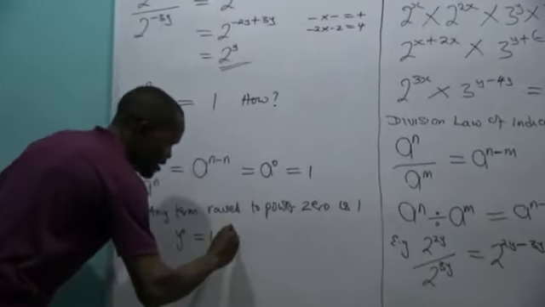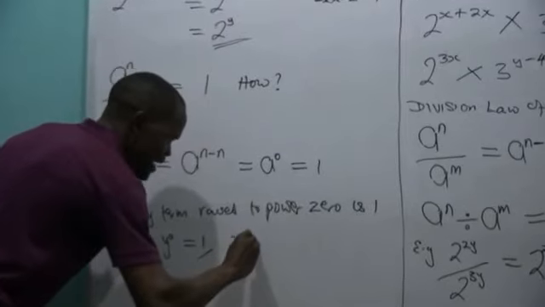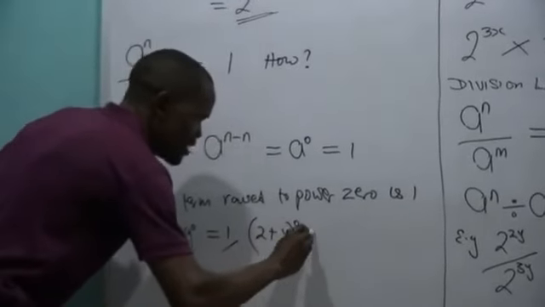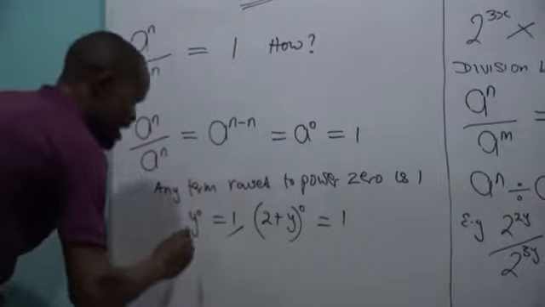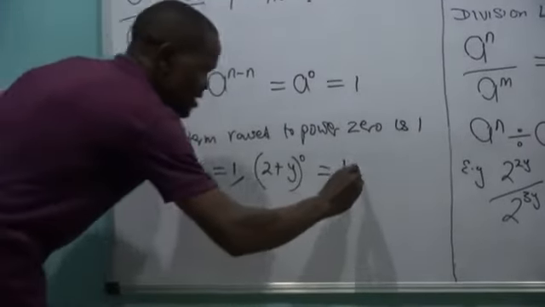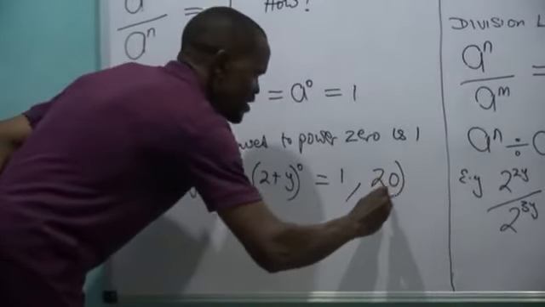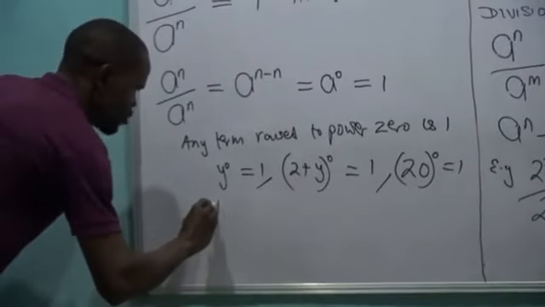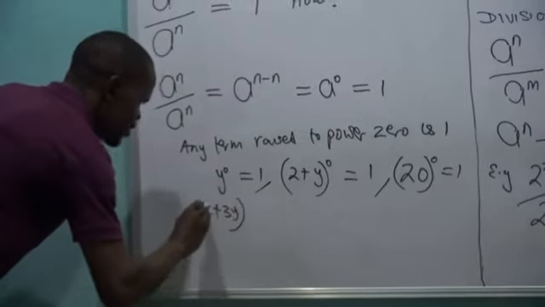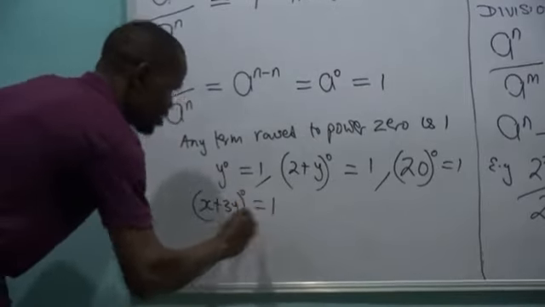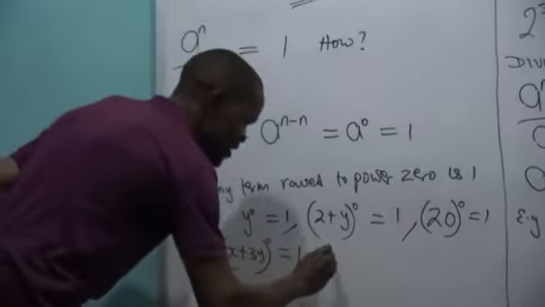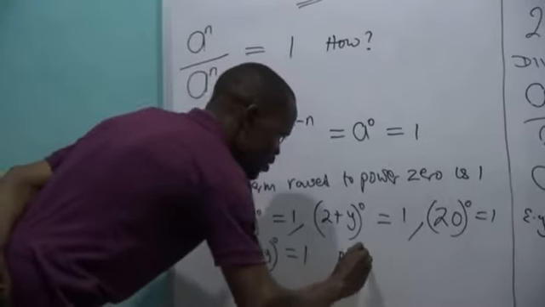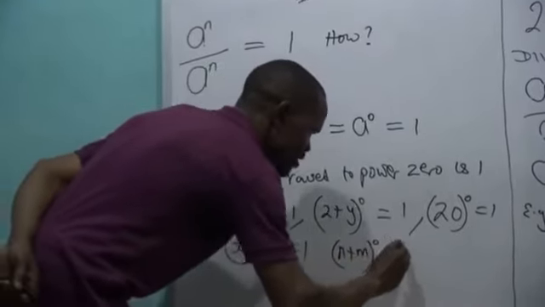If I have 2 plus xy raised to power 0, the answer is 1. If I have, assuming, 20 raised to power 0, the answer is 1. If I have x plus 3y all raised to power 0, the answer is 1. If I have n plus m raised to power 0, the answer is 1.